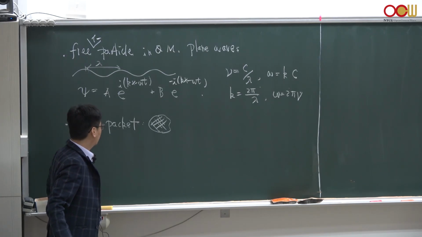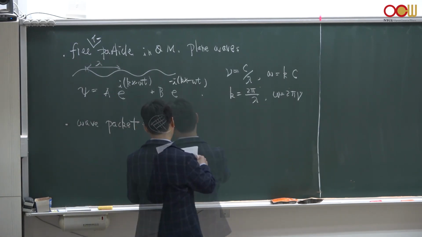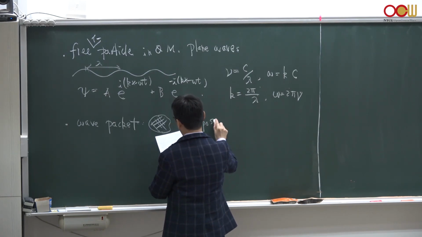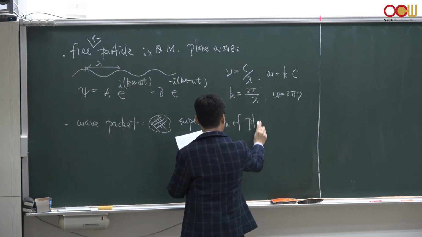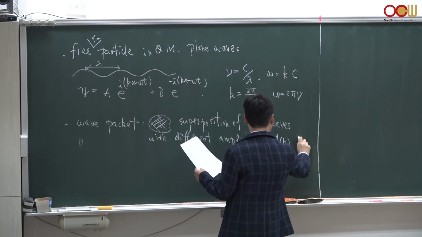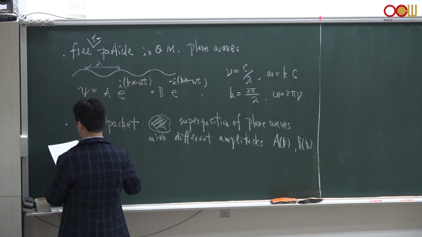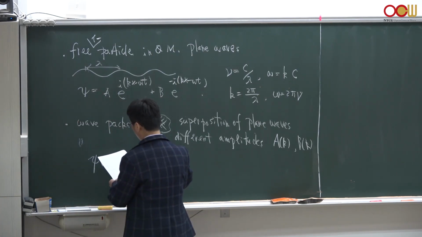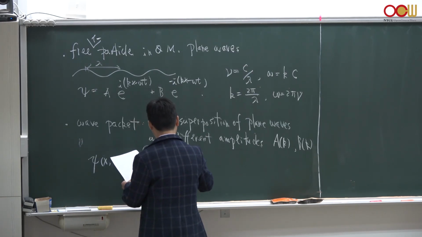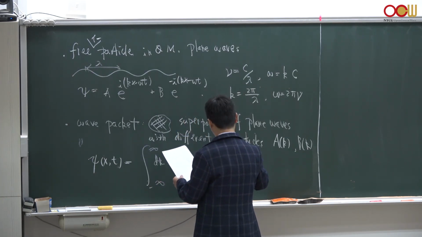Each elementary particle can be considered as a plane wave, and you have many plane waves superimposed with different amplitudes A and B as functions of the wave number, and you can compose this wave packet and express it in terms of an integral over all possible single-particle plane waves.